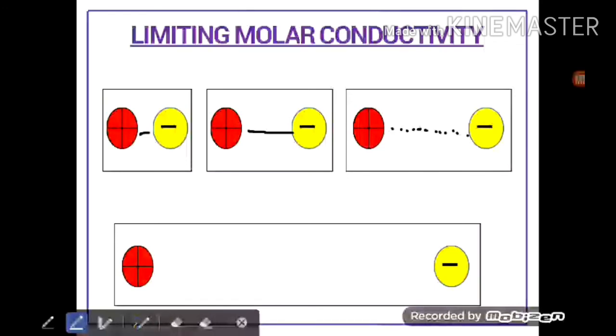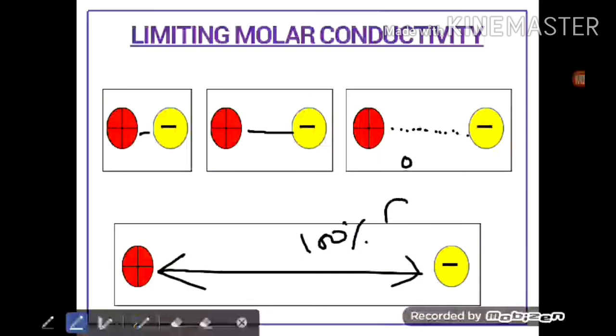Now if you add some more solvent, there will be no effect on attraction, because the attraction was already 0. If they are moving away from each other, there will be no effect. So they are 100% free to conduct electricity, and they will give their best, their 100%.